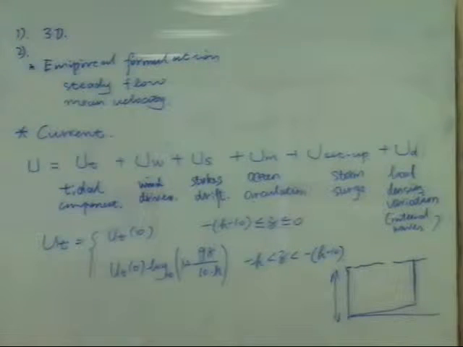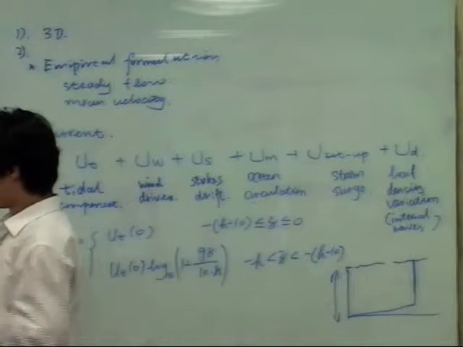H0 is typically 50 meters. If you draw a picture of this, it's like water level minus H0. This is 0, right? This is the wind-driven current.